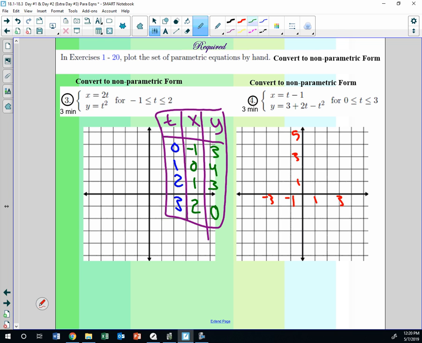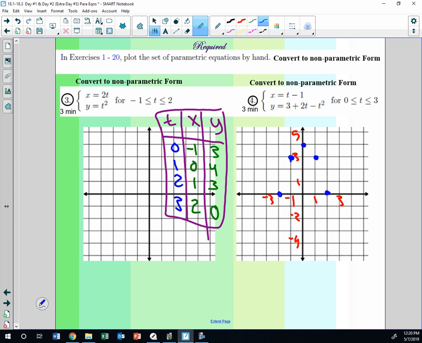So if I plot these, you'll get negative 1, 3 is a point, 0, 4 is a point, 1, 3 is a point, and 2, 0 is a point. What do you think at x equals negative 2, what do you think the y is going to be?